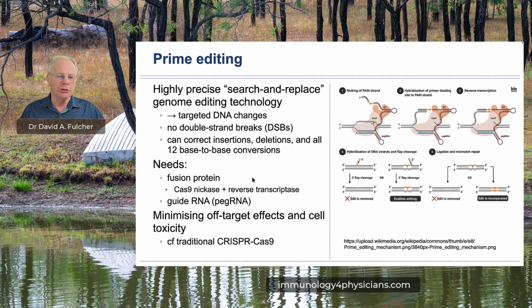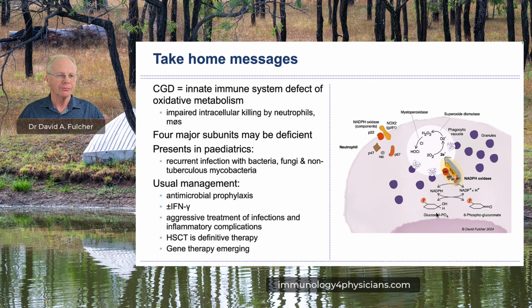Basically, you need a fusion protein, which involves Cas9 nickase and reverse transcriptase, and a guide pegRNA, which provides the corrected sequence. Then once the DNA has been repaired, the new sequence is preferentially inserted and corrects the defect, and you can then reinfuse the corrected cells into the patient and hope they'll engraft and then obviously take off.